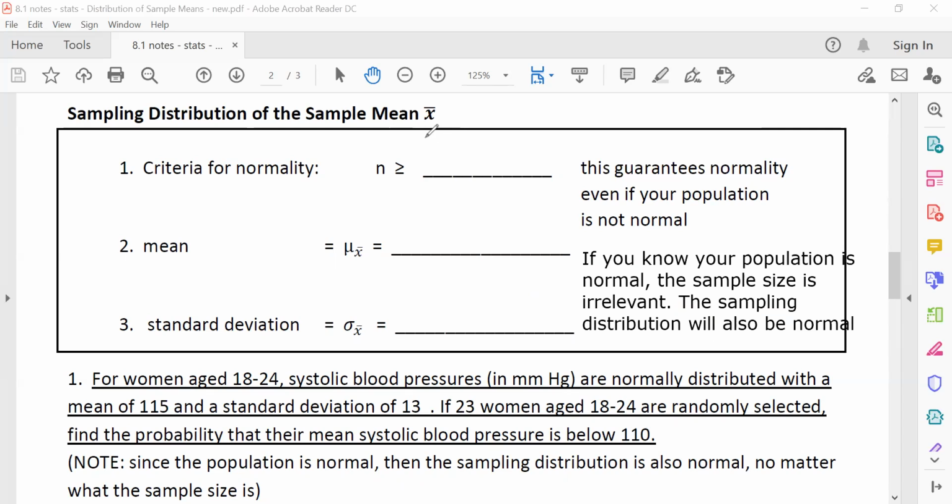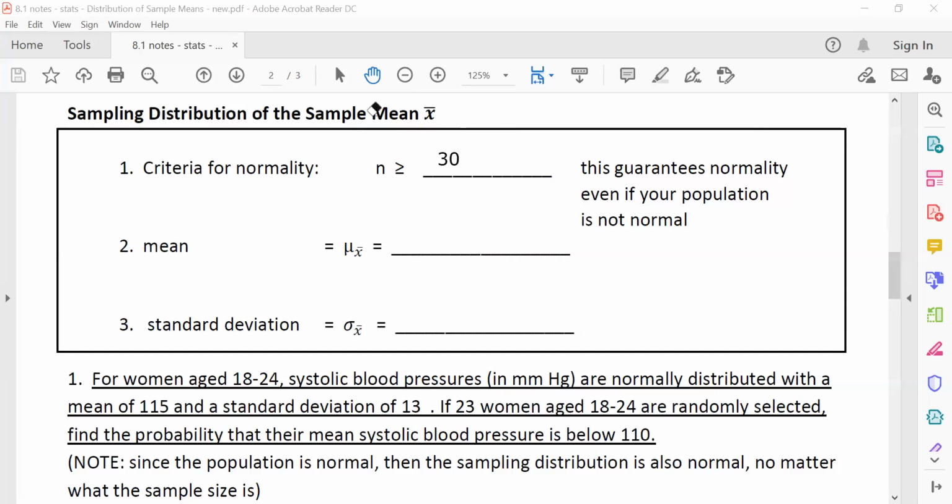Now, in the case where you have a sample of at least size 30, some textbooks will say 25, but 30 is usually the gold standard, then it doesn't matter what population you're pulling from or its distribution. We're going to assume a normal distribution for the sample mean. This looks a little confusing right now, but we're going to see some examples, and it's going to help us.